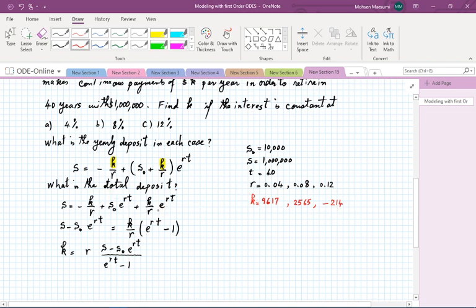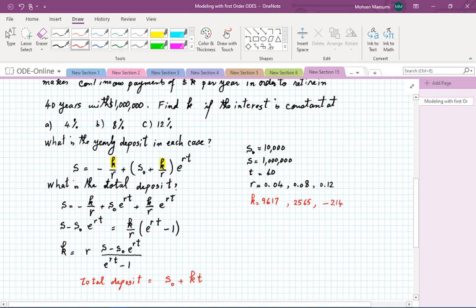What's the total deposit? Well, the total deposit will be: you're making a deposit of K dollars a year for T years, and originally you set aside S0. So your total deposit, let's write here, is the amount of cash you took with yourself and just left in the bank. So on the first day you left S0, and then every year you had K dollars, and you repeat that every year all the way to the retirement day.